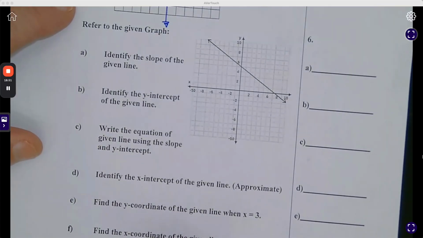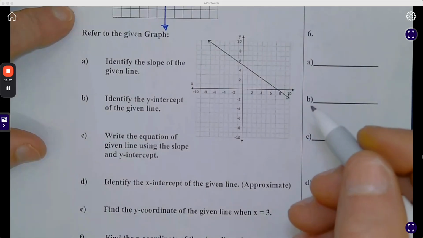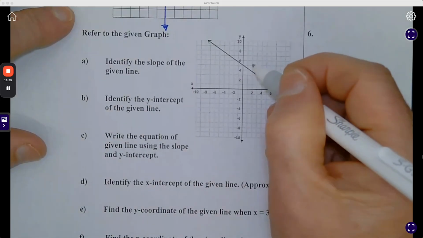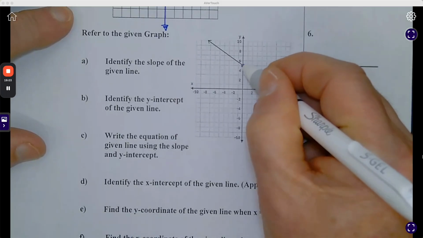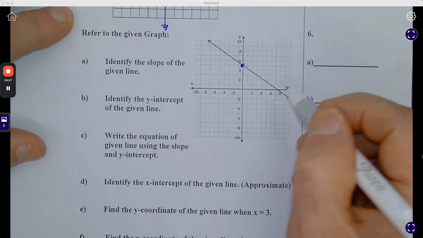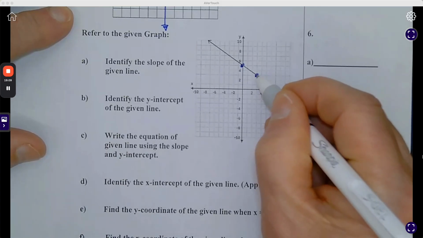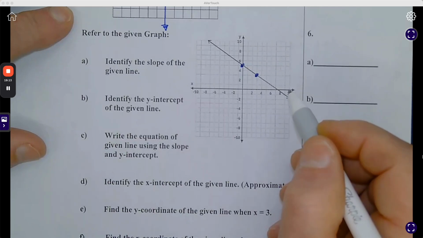Identify the slope of the given line. Okay, so to identify this slope, we have to find what we call lattice points. All right? So, for example, this is a lattice point right there. And I'm going to say that this is a lattice point. A lattice point goes where the grid intersects. All right, so that's important.